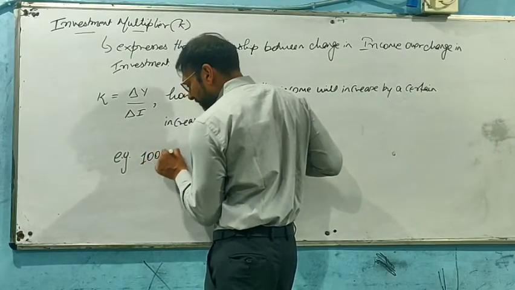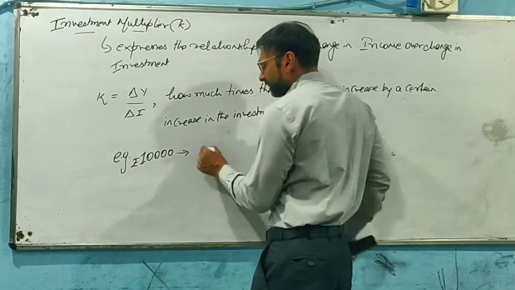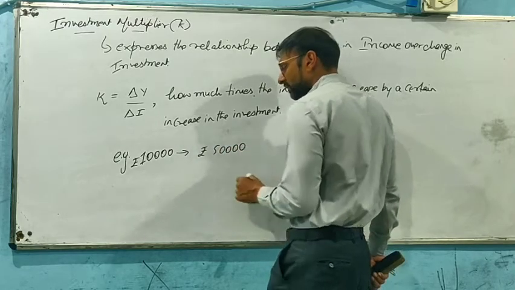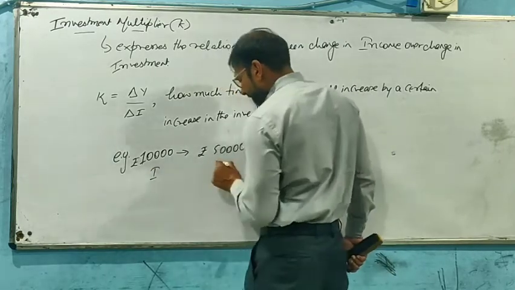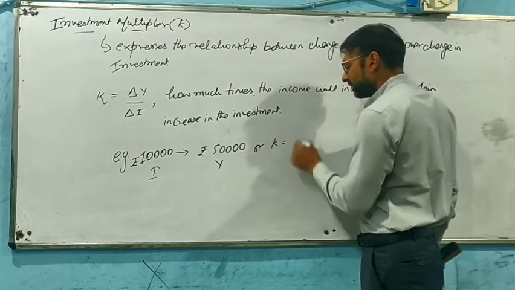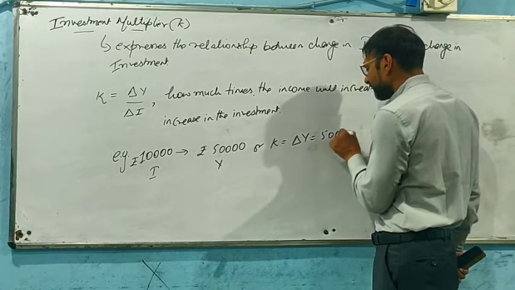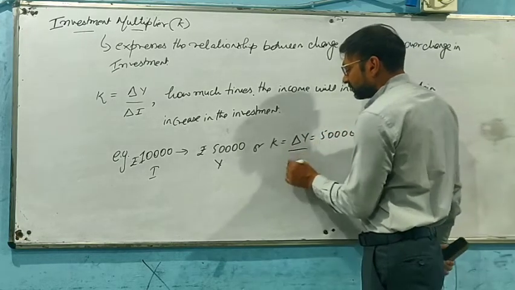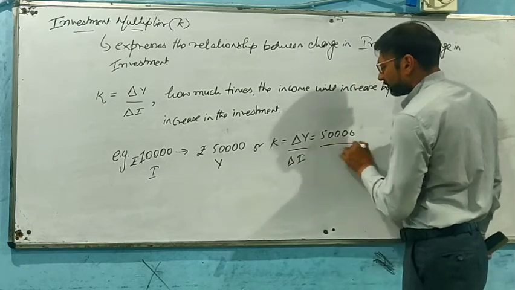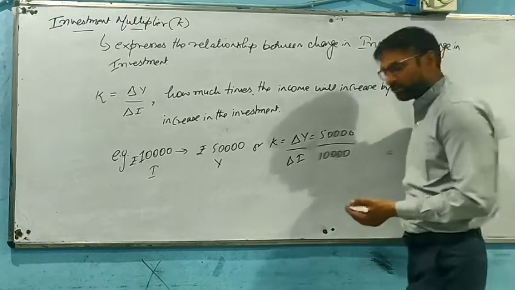rupees 10,000 have been invested in an economy, and if it results in rupees 50,000 as income, it means we can say K will be equal to change in income, that is 50,000 rupees, over the change in investment, that was rupees 10,000 as we have introduced in the economy.